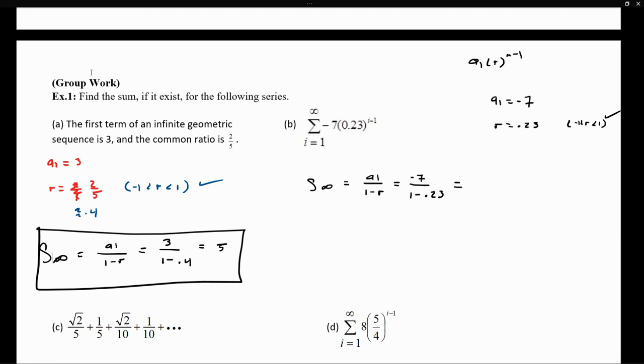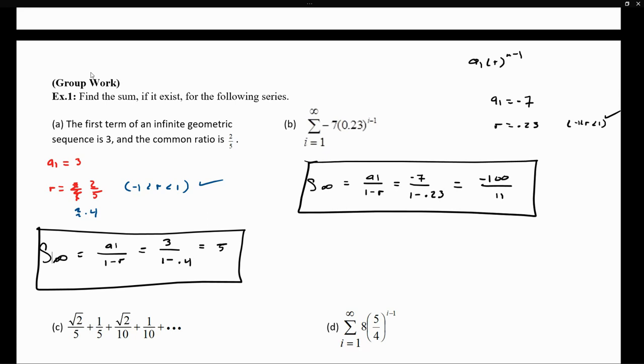If we compute this in a graphing calculator, we would get a value of -100 over 11. So if I listed all the terms from this geometric sequence and added all those numbers, it's going to be pretty close to -100 over 11.